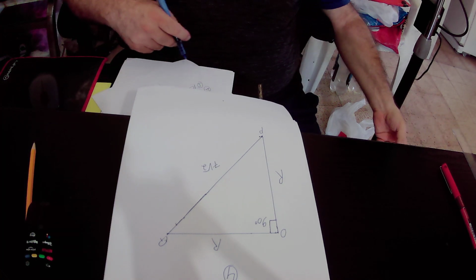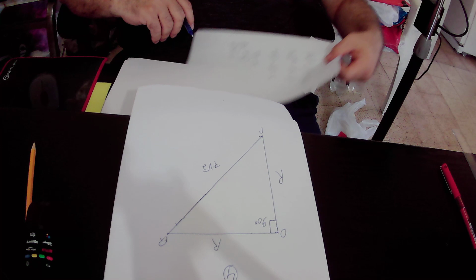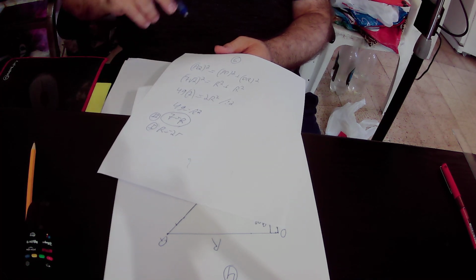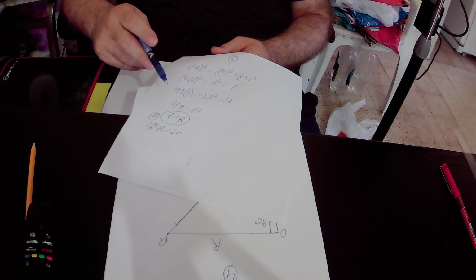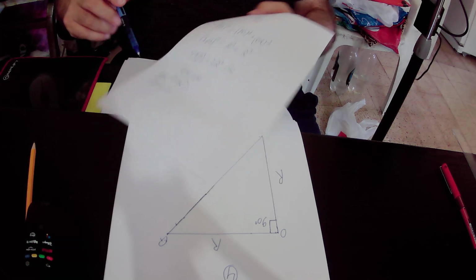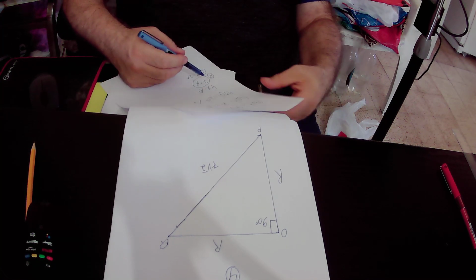So we can substitute capital R by 7 because capital R equals to 7.